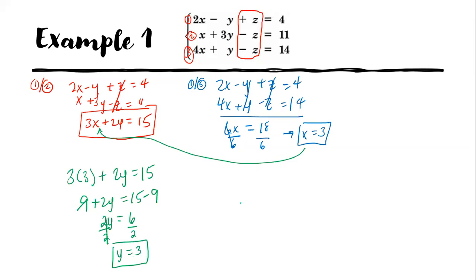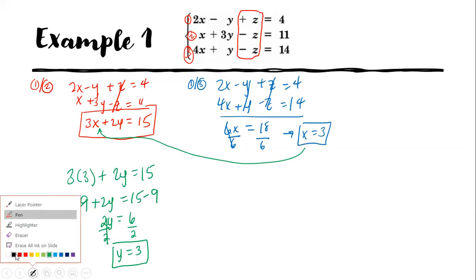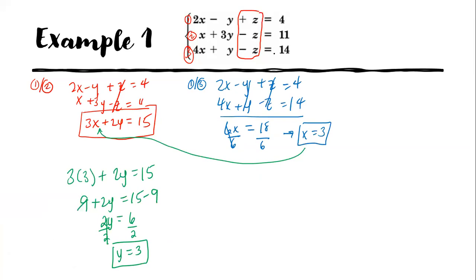So now we have our y, we have our x. The last thing we have to do is just choose any of our original equations to solve for z. It doesn't matter which one you use, you're just solving for z. I'm going to plug into number 1. So into number 1, I'm going to plug in y and x. I'm going to be using 2x minus y plus z equals 4.